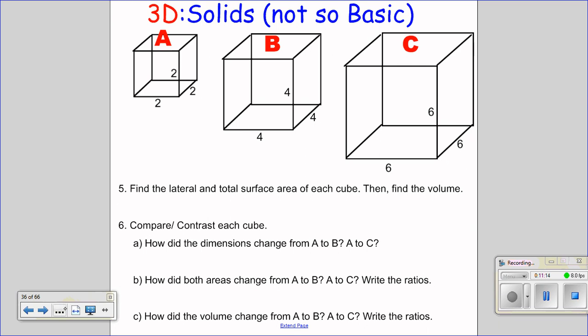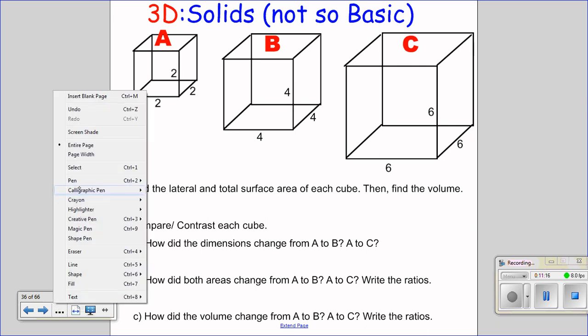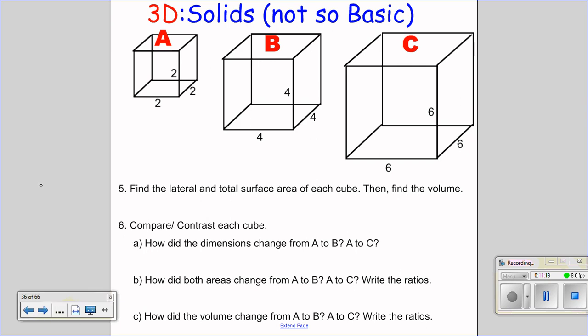The formula from our formula chart for lateral of a cube is 4 times e squared. E stands for edge, everybody.